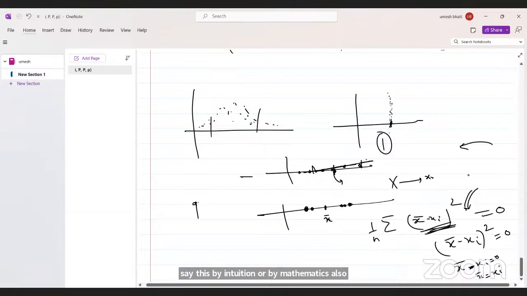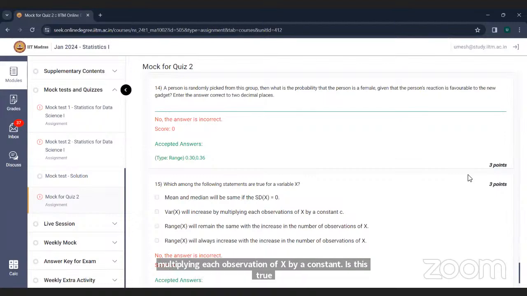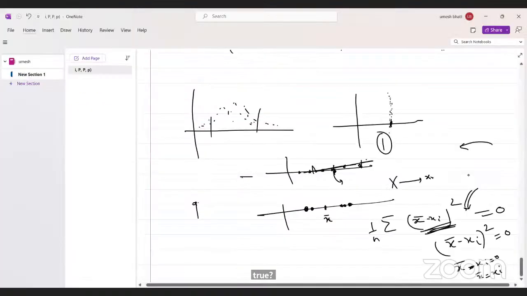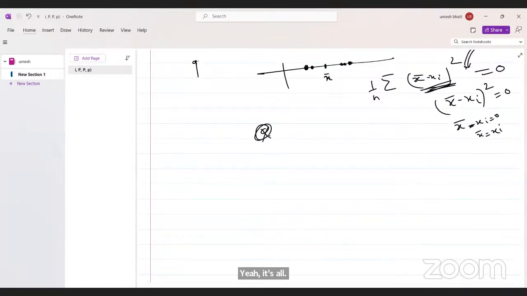Don't confuse it. Now, the next statement: the variance will increase by multiplying each observation of x by a constant. Is this true? What you just showed is that x bar is equal to all xi, meaning all xi's take only one value, which is x bar.